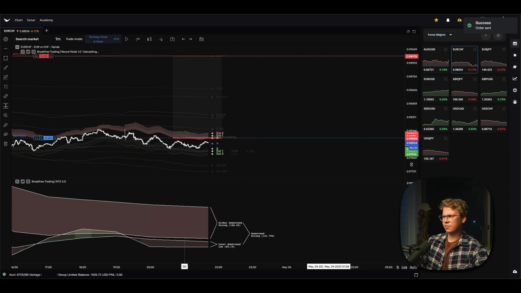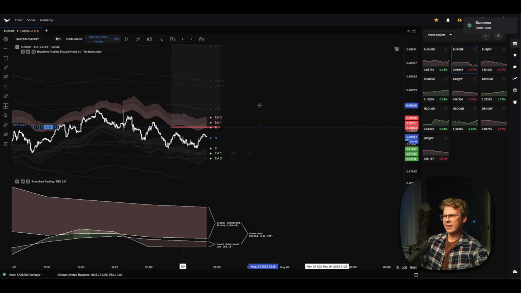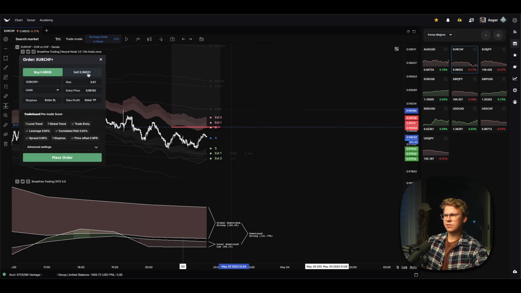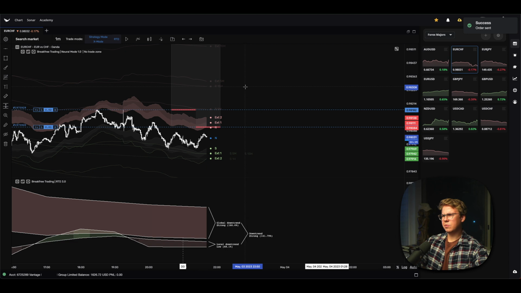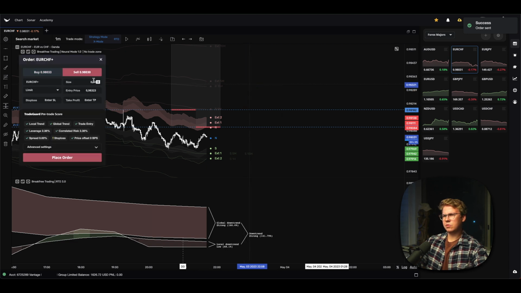Great. Then we want to scale in the next position. Next position we're going to take at the 5-minute resistance. A little bit bigger. Same stop loss. And then we want to take a position here. This time we want to sell 4. Stop loss.